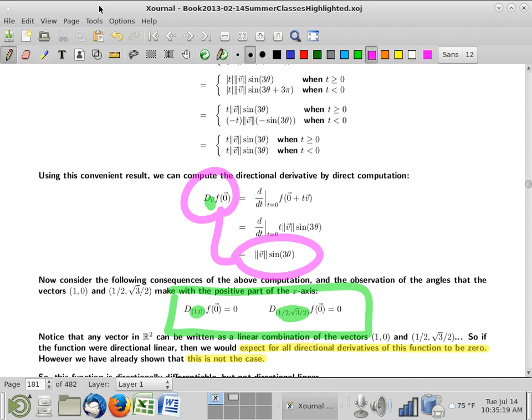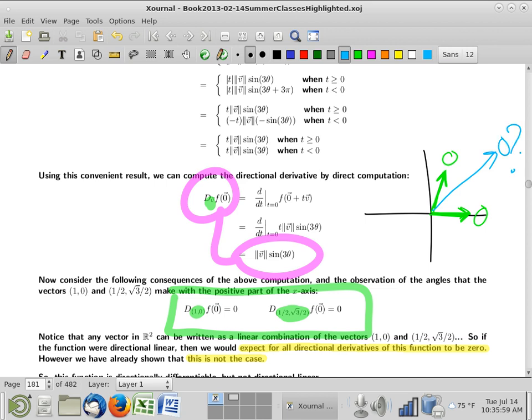If you have here's our domain, and if the directional derivative in that direction is 0, and if the directional derivative in that direction is 0, 0 that way and a 0 that way, well, every vector, whatever vector, is a linear combination of those two, and therefore if it's directional linear, all the directional derivatives would have to be 0.